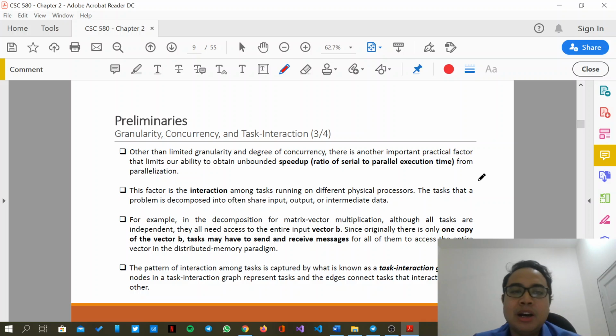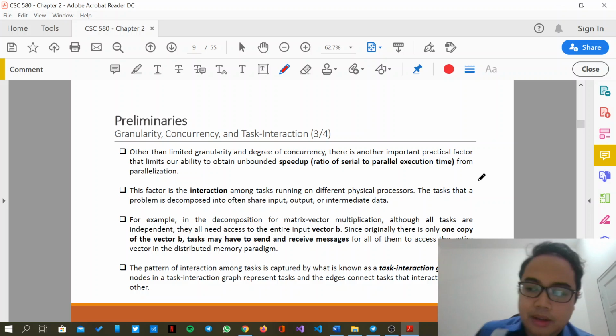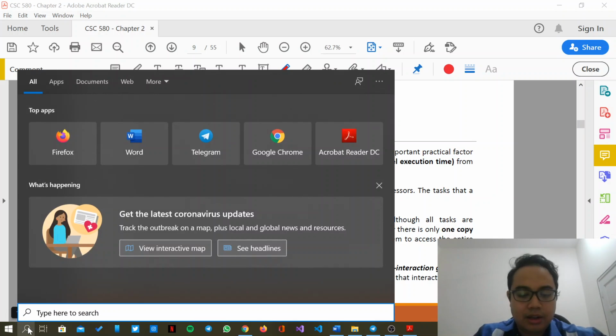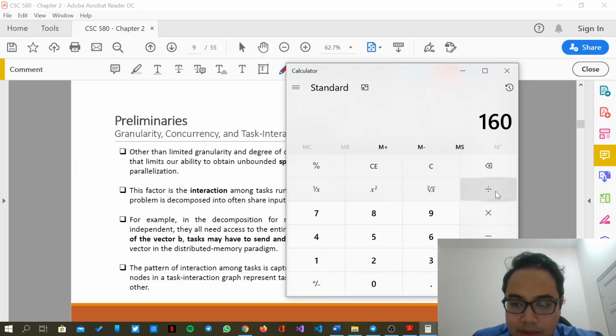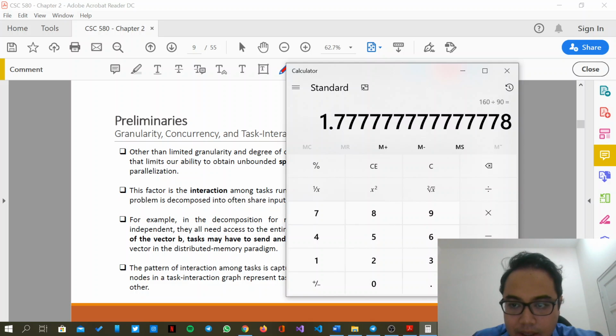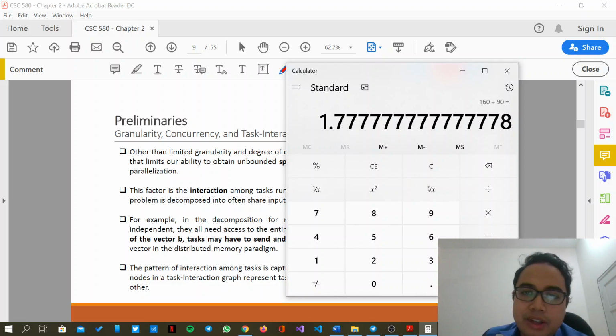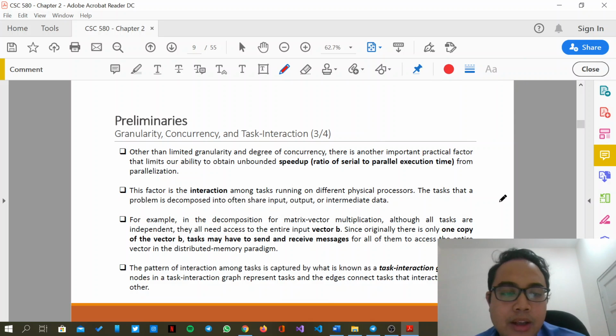So what is the speed up of the parallel program? So simply bahagi serial dengan the parallel time. 160 bahagi dengan 90. Berapa 160 bahagi dengan 90? Calculator pangang kan. Okay, meaning it performs 1.7 times faster, 1.7 kali ganda lagi laju daripada serial execution. That is basically speed up.